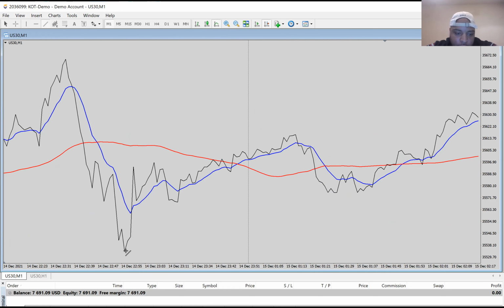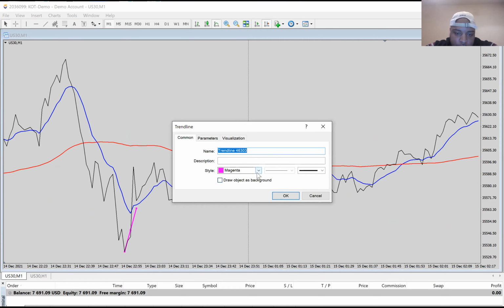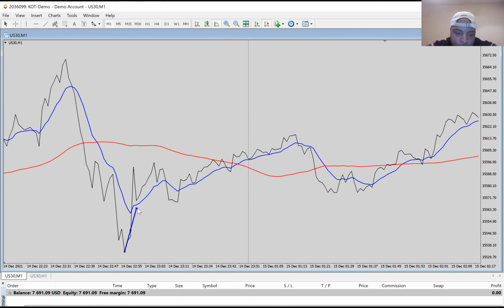We see the market broke above this last lower low. I'm going to change the color and make it bigger for this. So if it wanted to continue to be a downtrend, it would have come back to this lower low and pushed down, right?